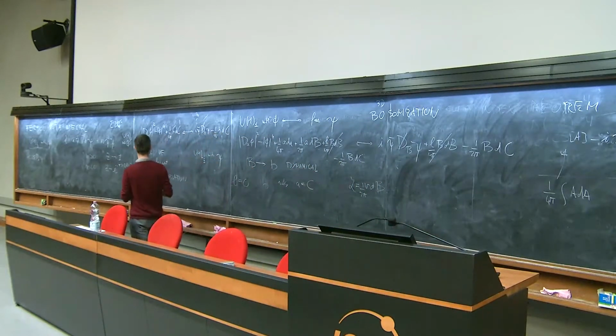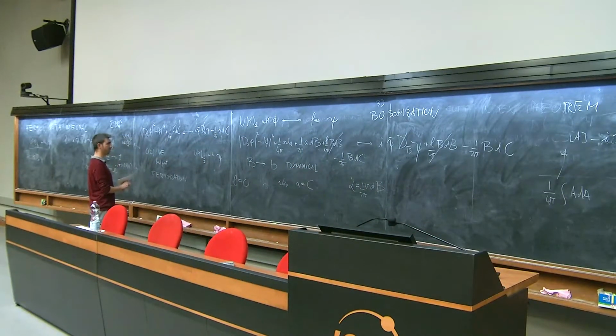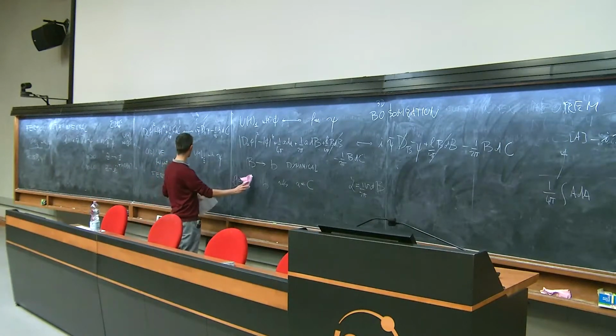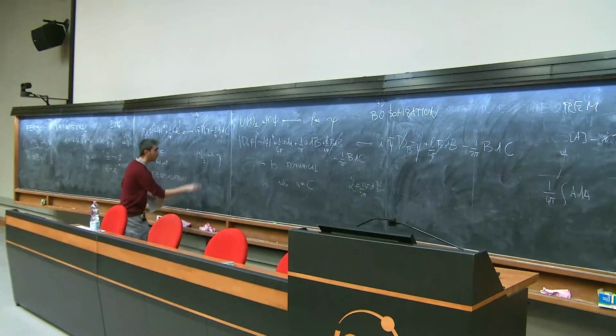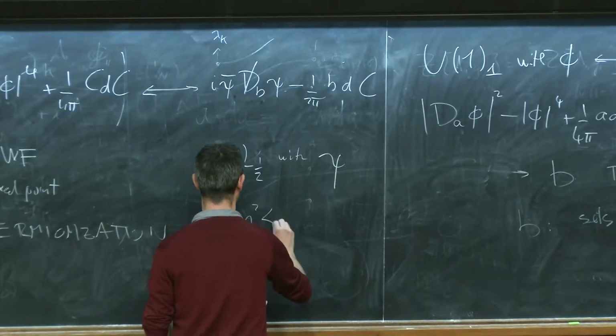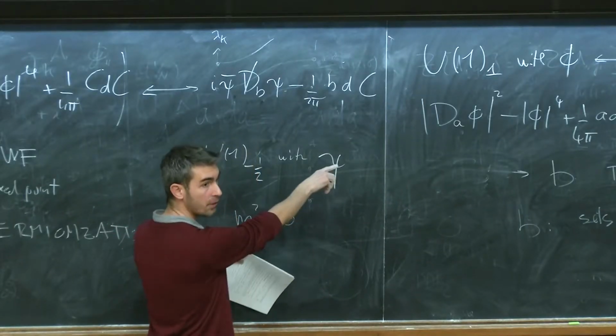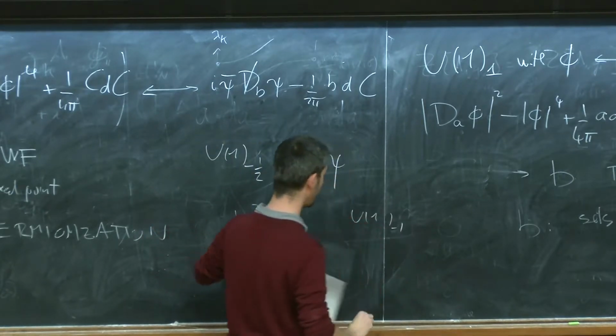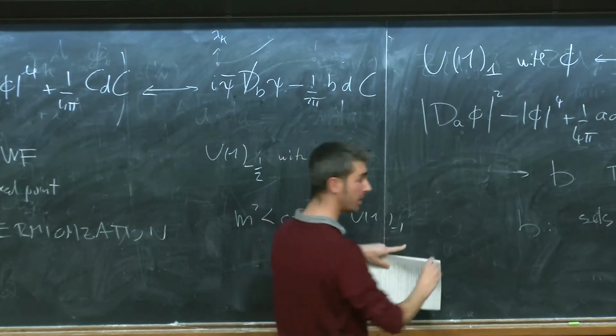Let's see, of course we can check the phases, and let's do that. If we have a negative mass here, then we integrate out the fermion and get U(1) level -1, which is a trivially gapped theory.